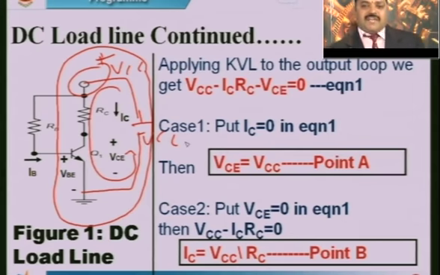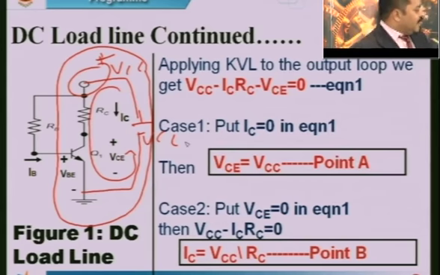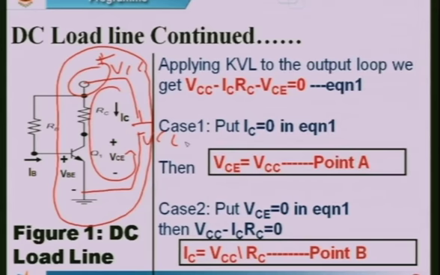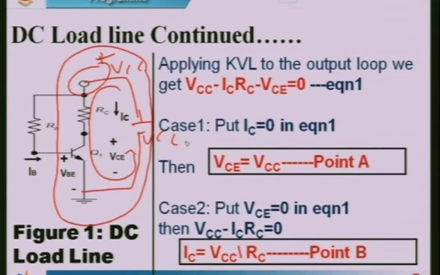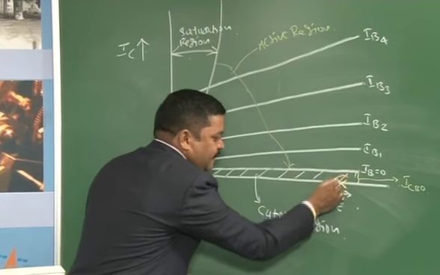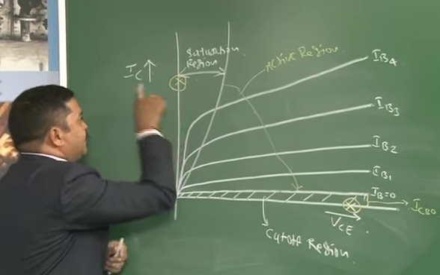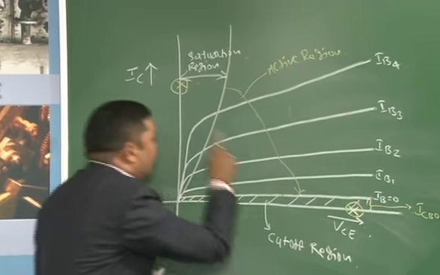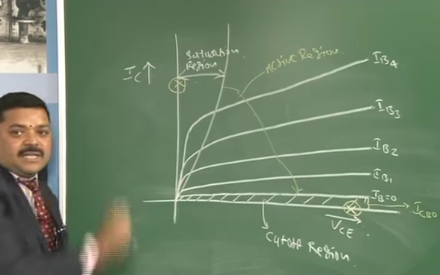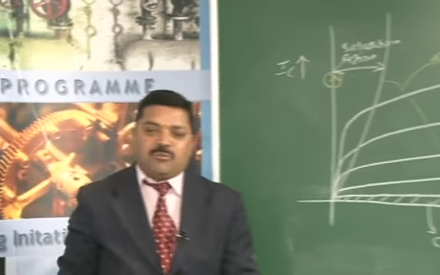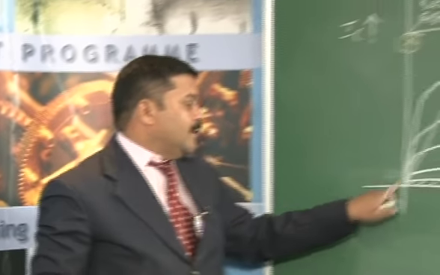So, we have to consider two cases here. Case 1, I want to get one point on the VCE axis and one point on the IC axis. To get one point on the VCE axis, we must put IC equal to 0.